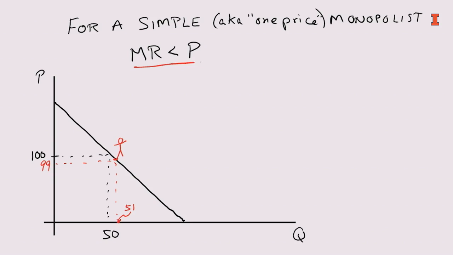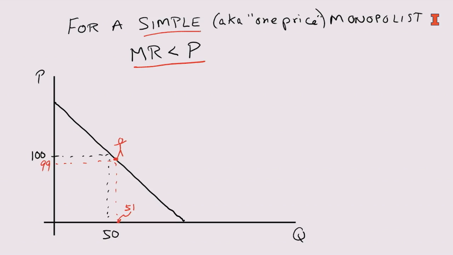The reason that I found marginal revenue is less than price is because while I can get a price of $99 out of that person's pocket, I don't get to keep the full 99 as net revenue, because by getting that price, I had to lower the price to everybody else. Okay? I can only charge one price. Economists call this a simple monopoly, otherwise known as a one-price monopolist. And as a result of that, marginal revenue is less than price.